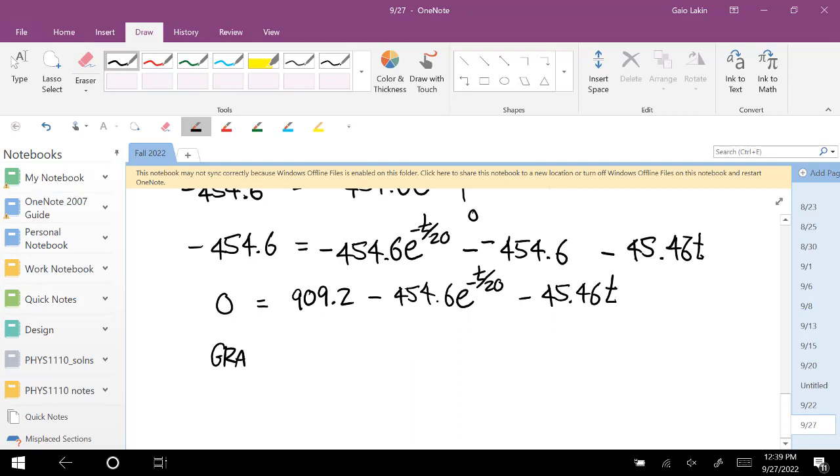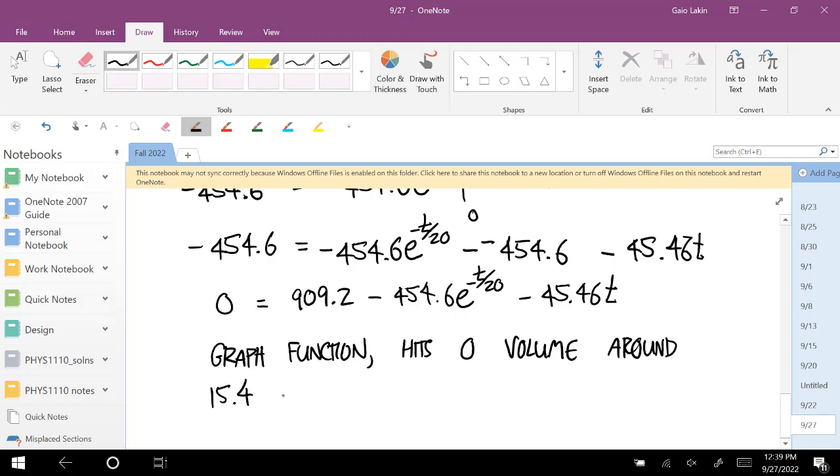So if you graph that function, it hits 0 volume around 15.4 days.